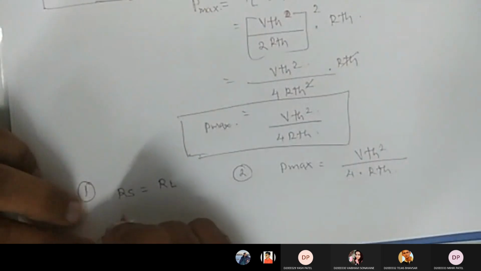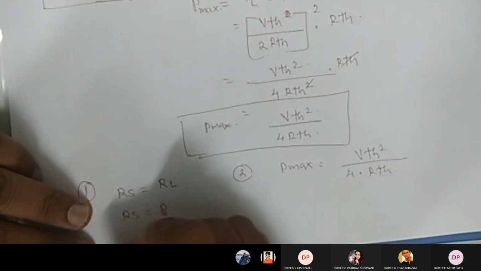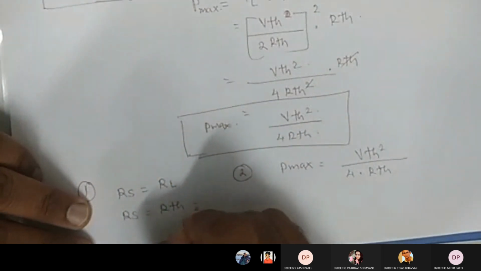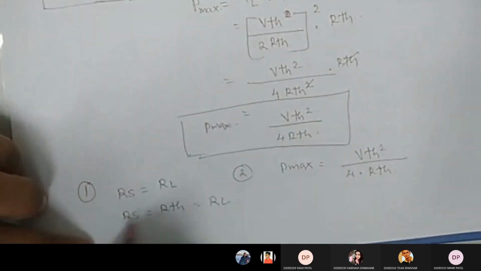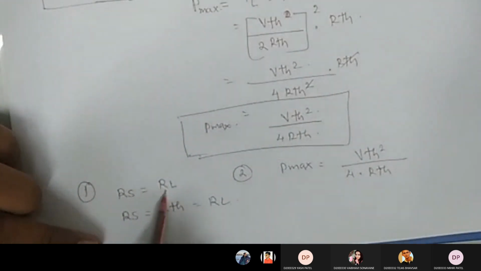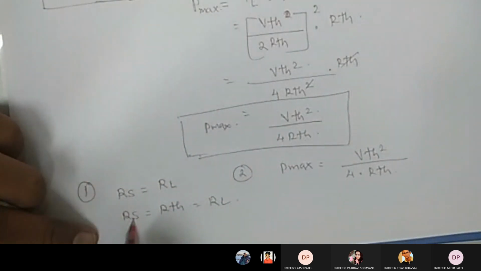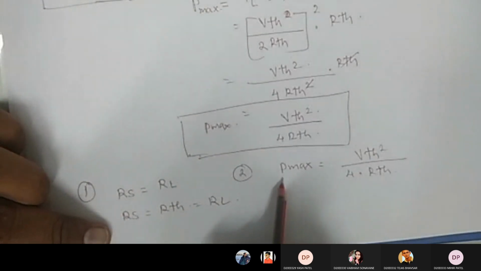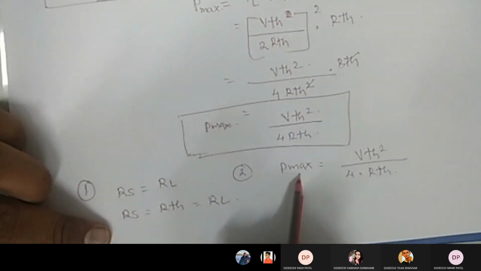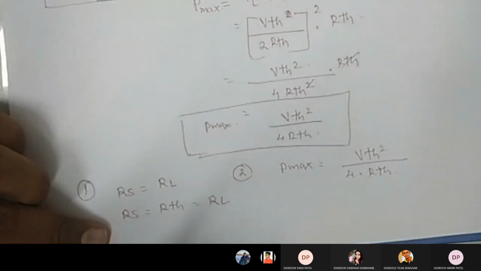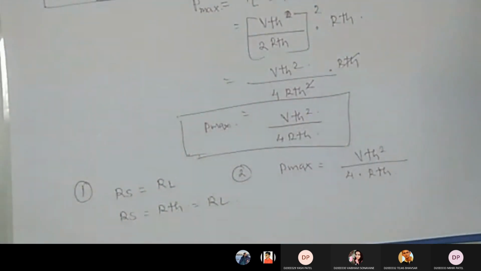In other words, RS is equal to RTH. So these two things you need to remember. For maximum power to be transferred from source to load, your RS is equal to RTH or RL, and the maximum power value is given as P max is equal to VTH square upon 4 into RTH.